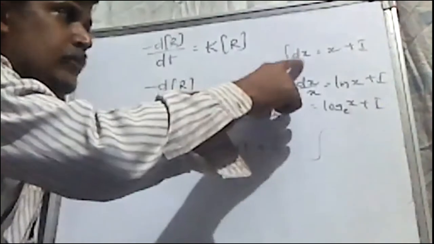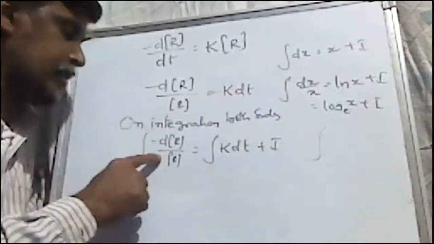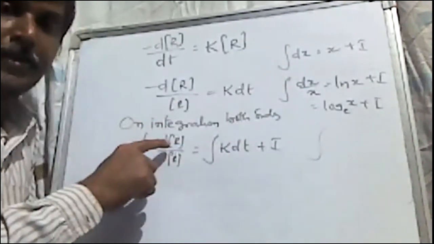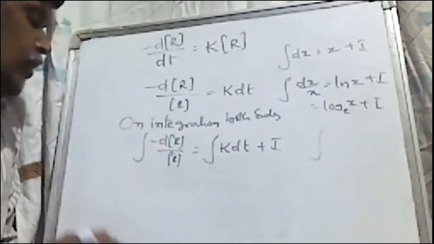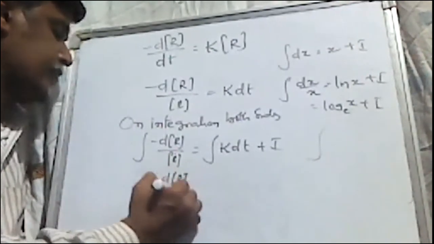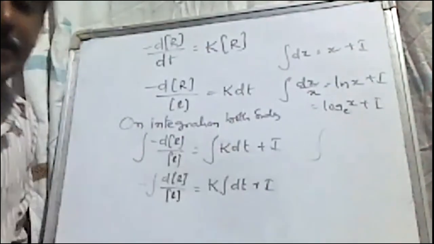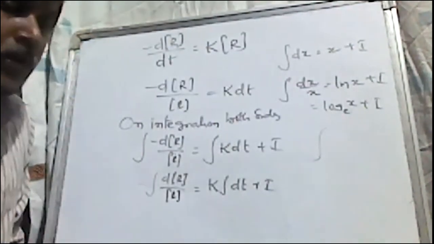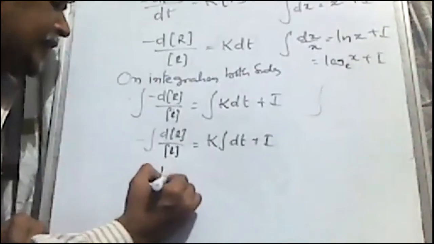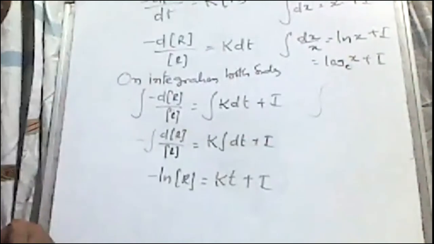The equation for dx was used in zero order reactions, whereas now we are using dx by x. Here, dR by R, in place of x the variable is R. So minus dR by R is equal to K into dt plus I. Now I can write it as minus ln R is equal to K into t plus I, let it be equation 1.